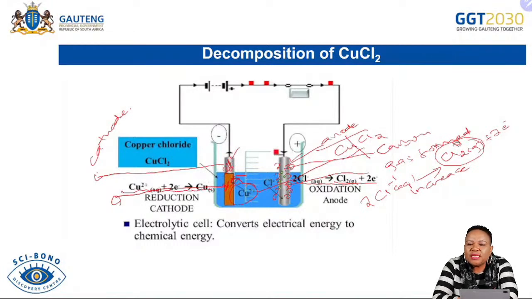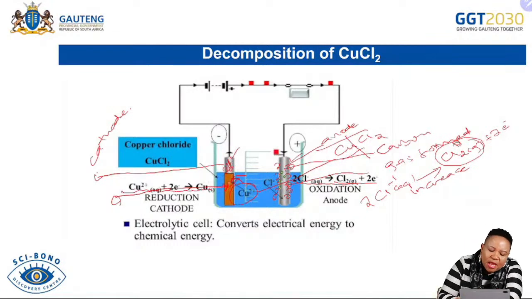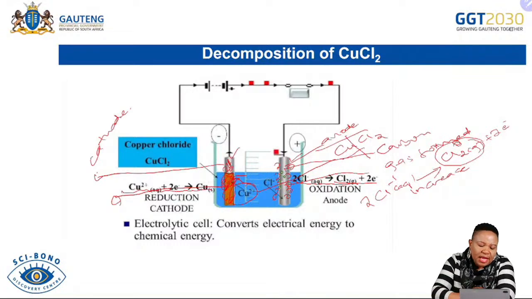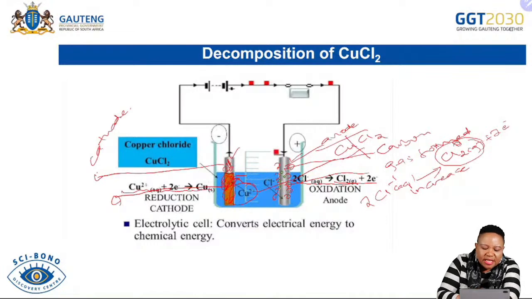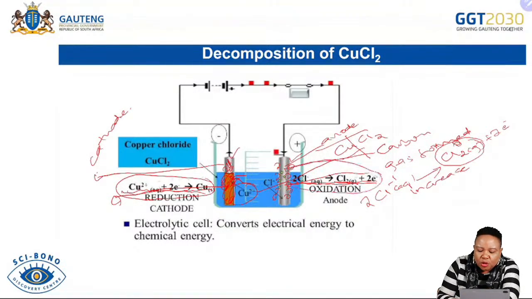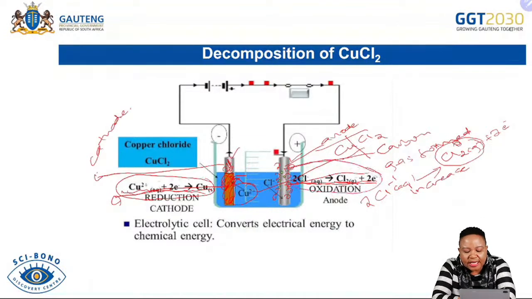We are going to see the color of the carbon electrode changing from black, because it was carbon, and a brownish substance will form on top of that electrode to show that copper is being formed at the site of reduction. So these are the two reactions that occur when we decompose copper chloride: the reduction reaction undergone by the copper 2 plus ion, and the oxidation half reaction undergone by the chloride ion.